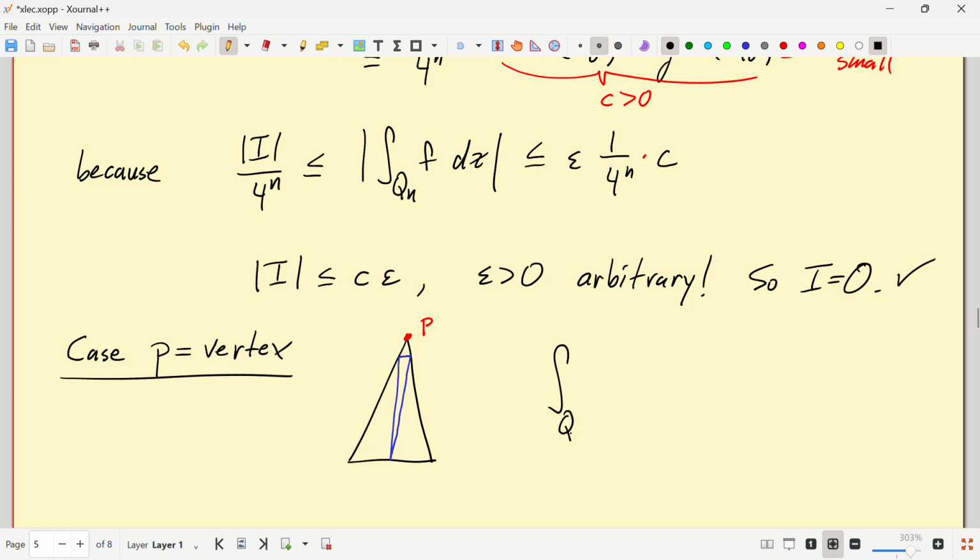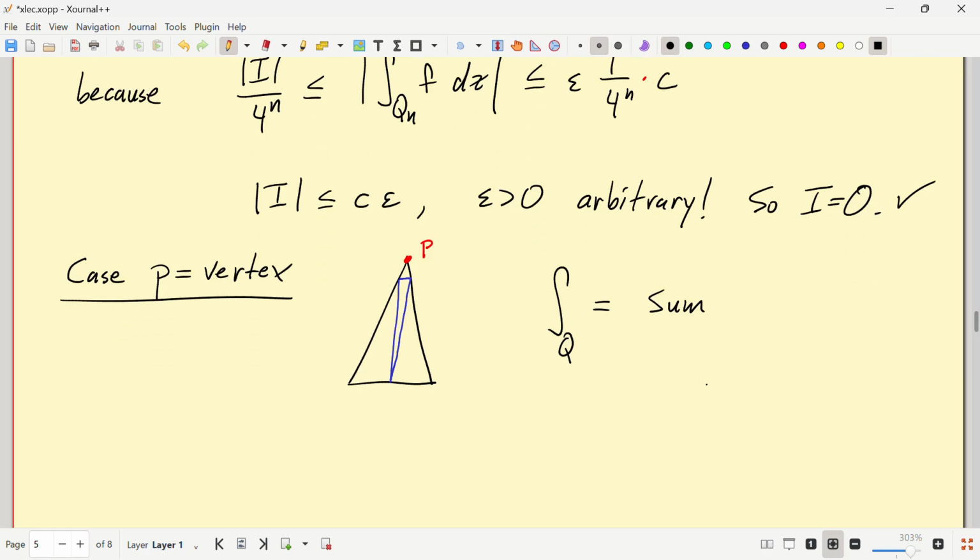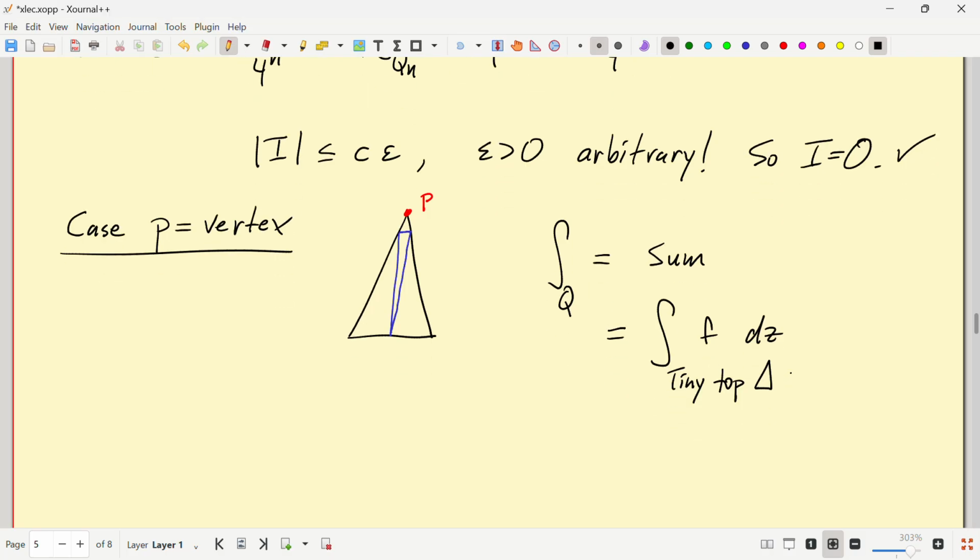The integral around my Q is equal to a sum. The integral around the triangles that don't have a P in them, we know are equal to 0. So that's going to be equal to the integral around the tiny top triangle, or corner triangle. And of course, F is continuous there, so it would be locally bounded. Continuous at P. So mod F is less than or equal to some M near there.